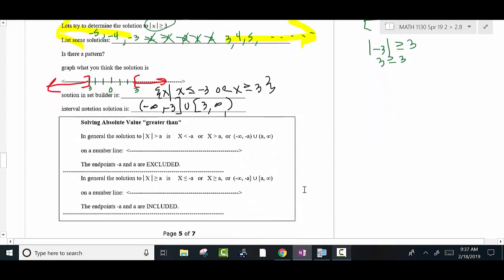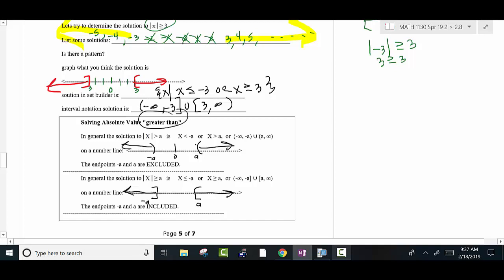So basically, if it's an absolute value greater than A, it would go like this. You would have A, and a solution going to the right, and negative A, and a solution going to the left. If it's greater than or equal to, it's the same thing, but this time it's a bracket at A, then negative A going to the left.